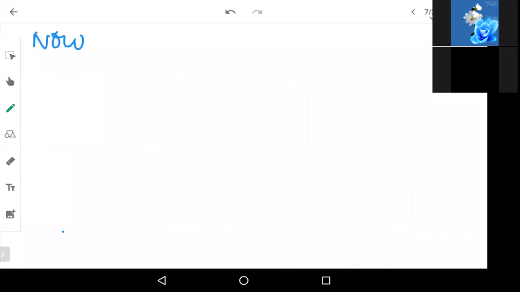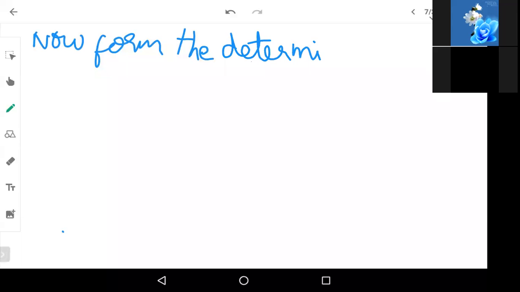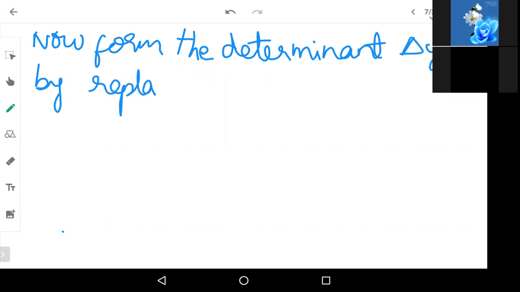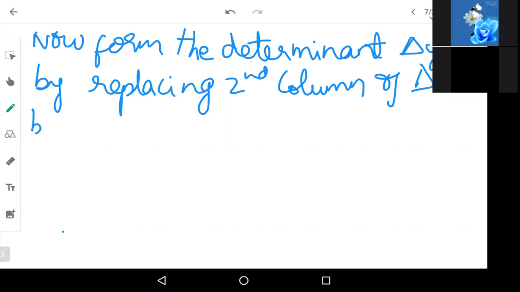Now form the determinant delta y by replacing second column of delta by constants 8 and 11.